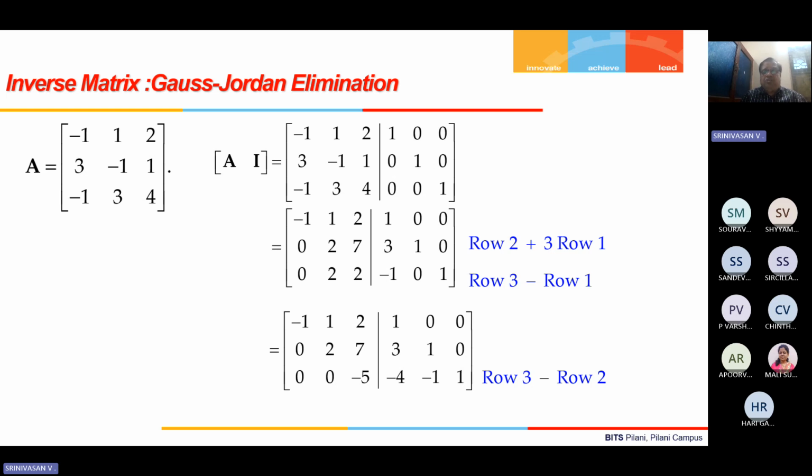So keep the first row as it is now. So that is actually row 1 is row 1. If at all you want to put it as a symbol, normally we write it this way: R1 is R1.